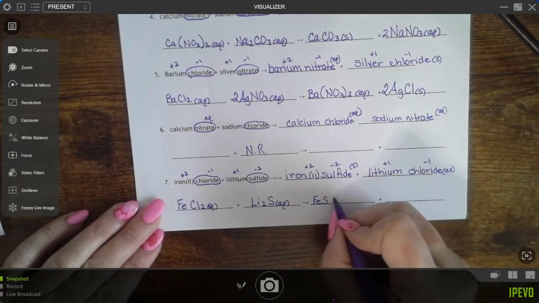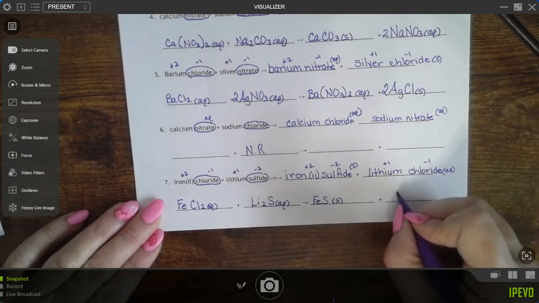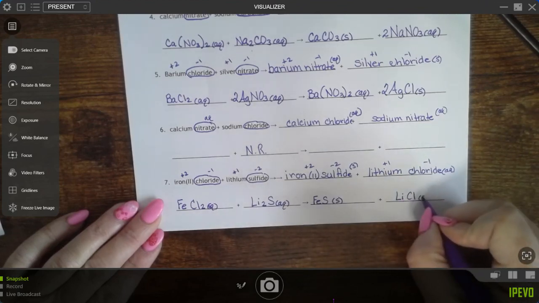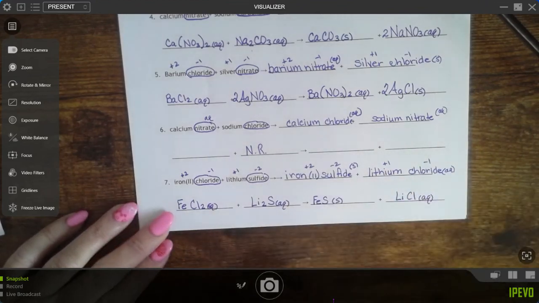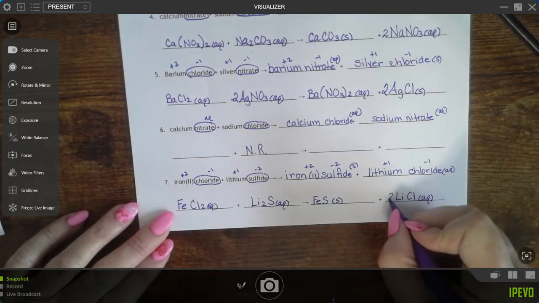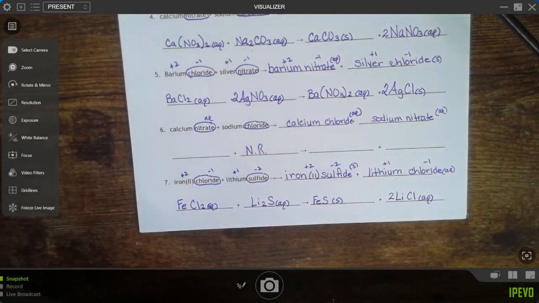And that is our solid, plus LiCl, and that's aqueous. All right, and a quick 2 right here, and our equation is balanced.